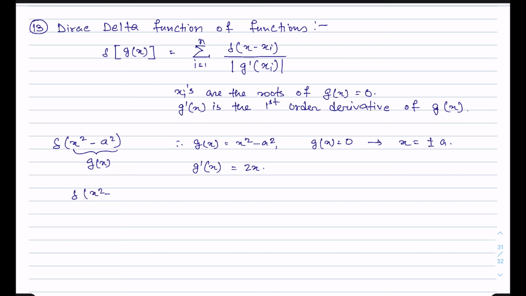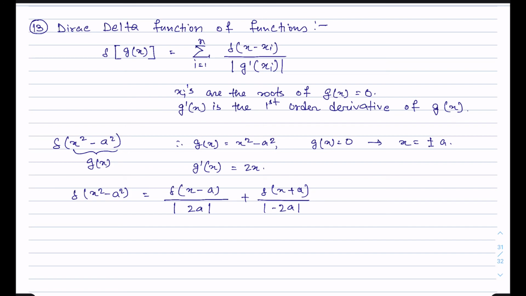Delta of (x square minus a square) is equal to, now we have a sum, so let's put the first root, which is x equals plus a: delta(x minus a) divided by the modulus of g prime(xi), where xi is the root plus a, so it is 2a. Again, plus, this plus sign is due to the summation, delta(x plus a), that is x minus of minus a, divided by the modulus of minus 2a.